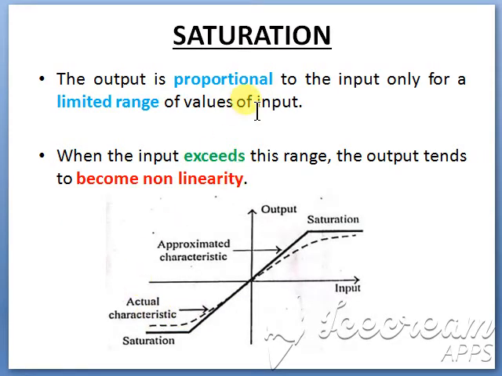In the case of saturation, the output is proportional to input for a limited range, and after that the output is constant whatever may be the input. Saturation is an example for inherent nonlinearity: the output is proportional to input for a particular range, and after that the output will be constant. That type of nonlinearity is called saturation.